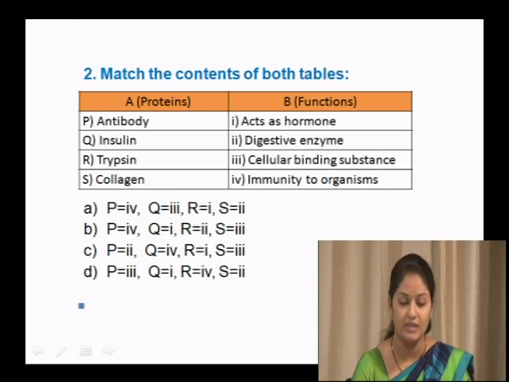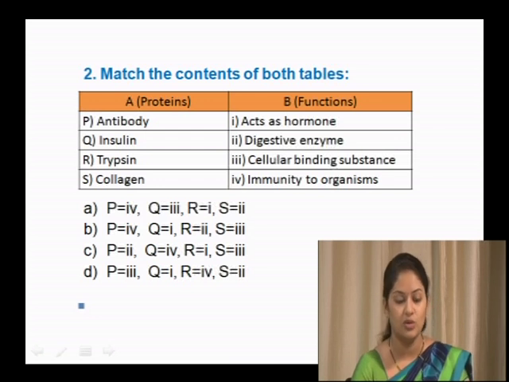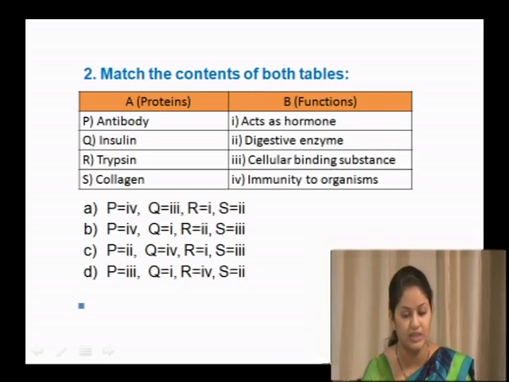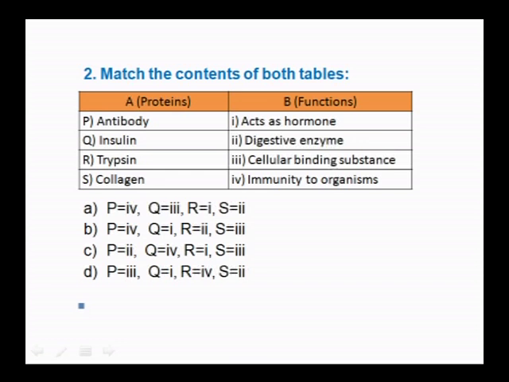And the last one, collagen, is a binding material found between the animal cells which holds all the cells together. So the option for these matching tables is option B, that is P4, Q1, R2, S3. Moving on to the next question.